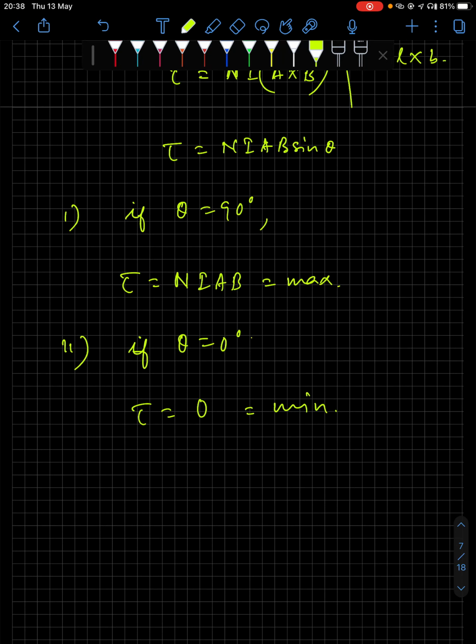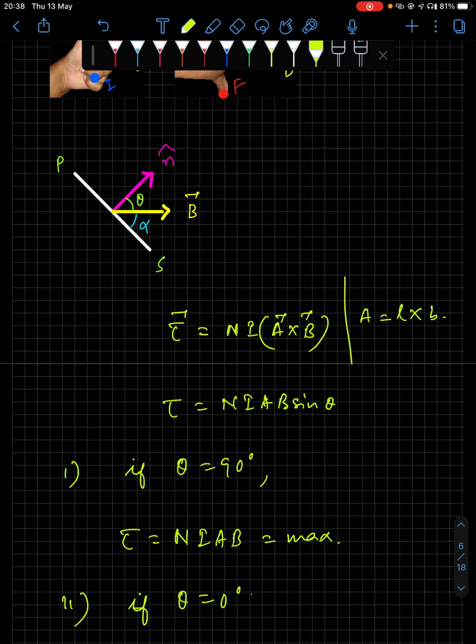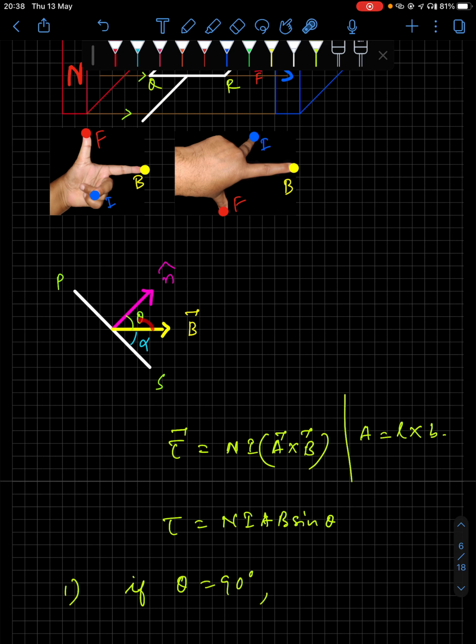Now, let's see the other relation for this. If you consider this angle to be alpha, in that case we can write down theta equals 90 plus alpha, or in general let me write down that alpha plus theta equals 90 degree, right?